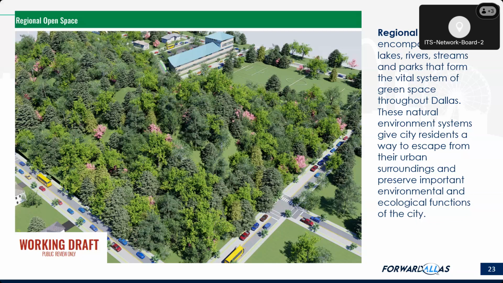They are the natural backbone of the city. It helps the city breathe, providing a place to recreate and ecological preserves of the natural environment. These are larger in nature, so when we look at regional open space, we're not talking about small parks, we're talking about larger networks of open spaces in the city.